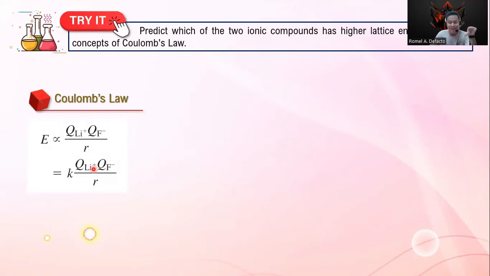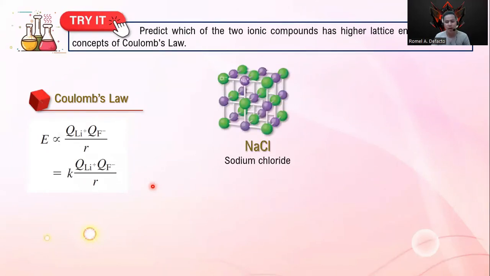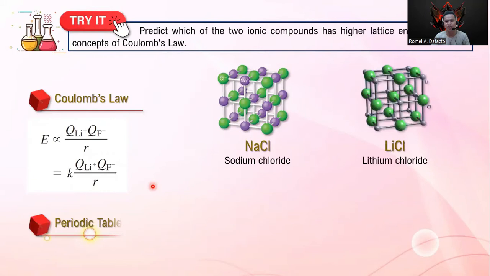In this case, we simply multiply the charges of the two ions divided by the radius, which is basically the distance between their nuclei. And then let's start with sodium chloride versus lithium chloride. So how do we use the concept of Coulomb's law in predicting which of these two ionic compounds ang mas taas og lattice energy?